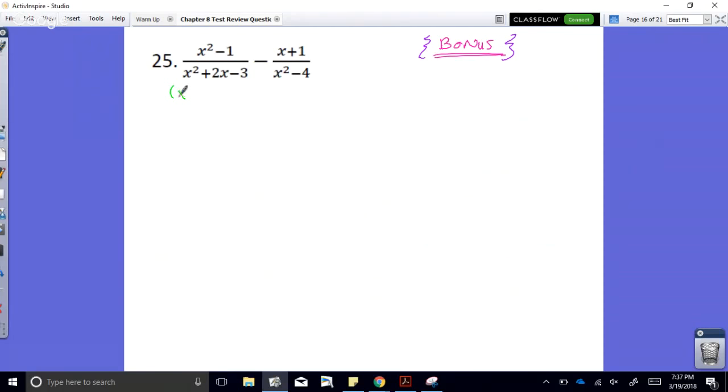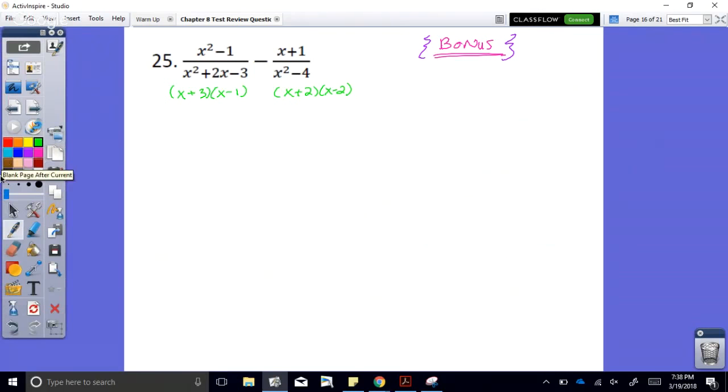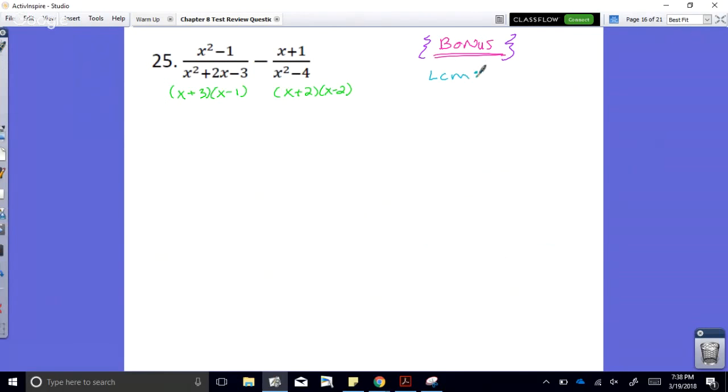So this first piece, factors of 3 that subtract to give me 2. I have a plus 3 and a minus 1. Here, difference of 2 squares, so we get x plus 2, x minus 2. So when it comes to the LCM, we have an x plus 3. This is that.